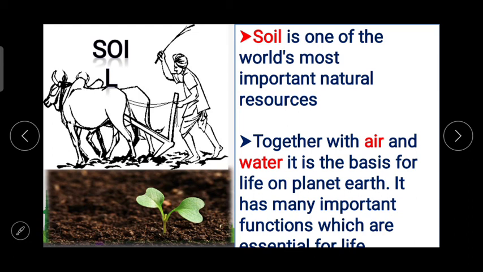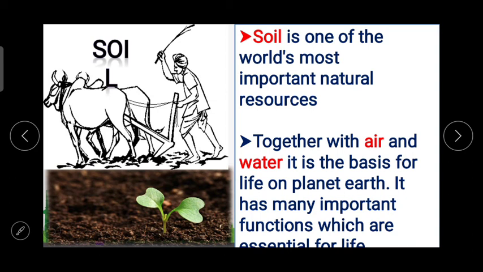The food which we get is directly or indirectly from the farmer, and for this purpose he uses the soil. So, soil is used all over the world, and therefore soil is a very important resource for agriculture. So, soil is one of the world's most important natural resources.